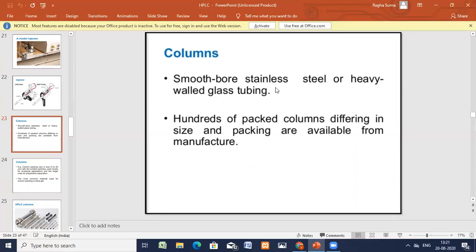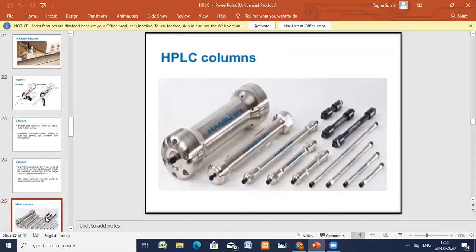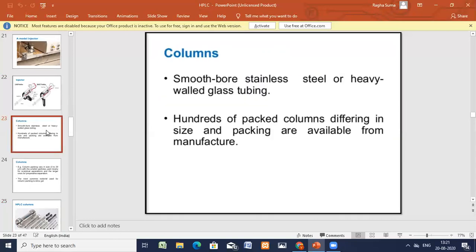Here are the smooth bore stainless steel or heavy walled glass tubing columns. These are the different types. You can see the surface is so smooth.